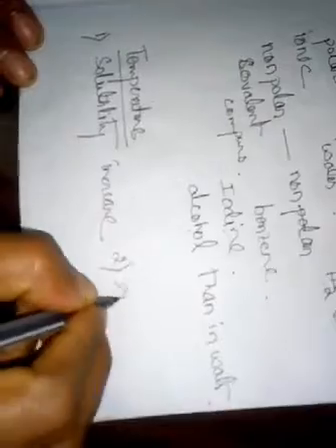Then the second category, solubility decreases. And the third category, there is no effect on solubility. So for few compounds, with the increase in temperature, solubility increases. For few compounds, with the increase in temperature, solubility decreases. And for few compounds, even if we increase or decrease the temperature, there is no effect on solubility.